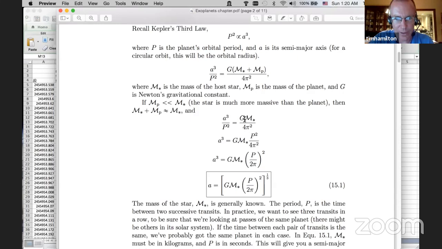All right, so we put that in there for the total mass, and we solve for the semi-major axis A. We take the cube root of both sides, and we come up with this here. Now, this equation, 15.1, is the one that we're going to do.